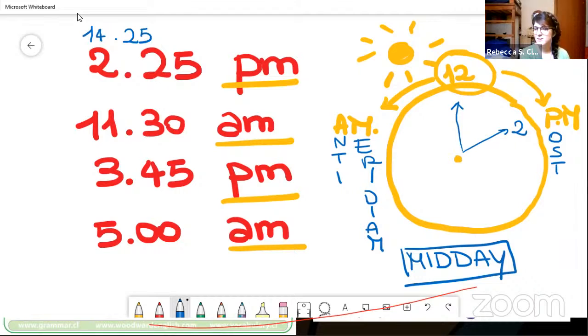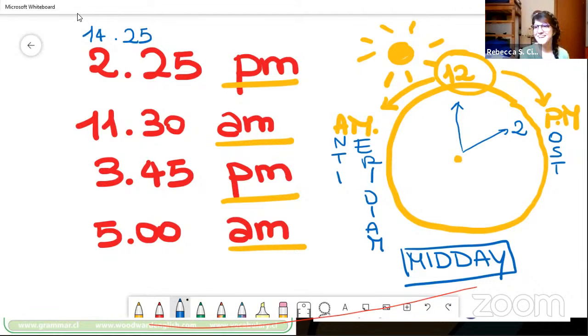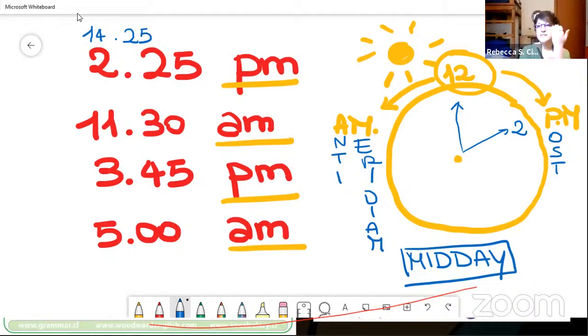Am I right? Right, correct. Okay, so we also do that. That's like, I think they call it military time. But anyway, in English, you don't do that. You see it maybe sometimes on the clock, but we don't use this.